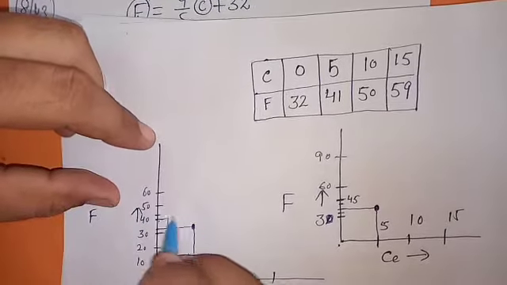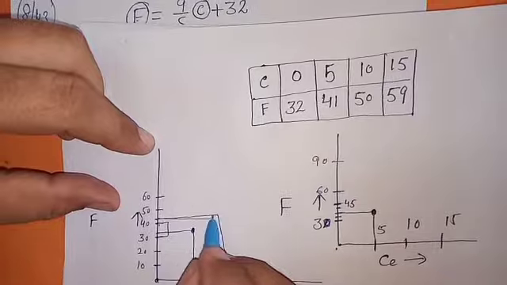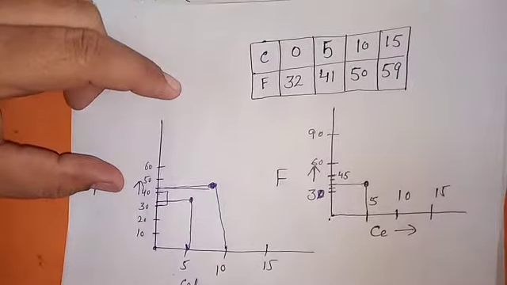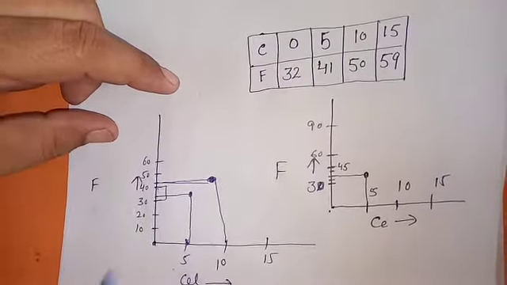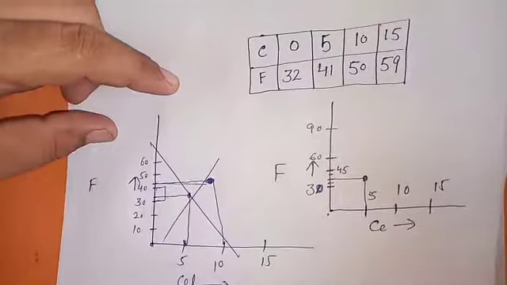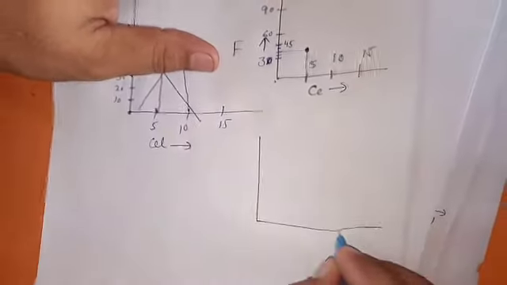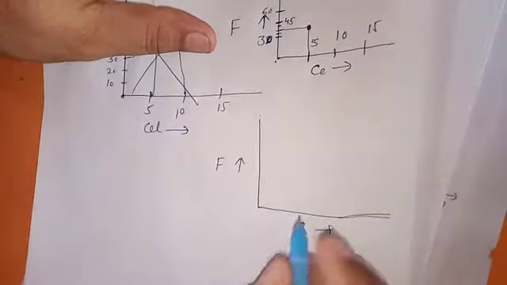Similarly, after 40 what's coming? 41 coming here. Sorry, this again telling this. Graph value wrong taken. So Celsius is taken in this side, Fahrenheit is taken in this side.